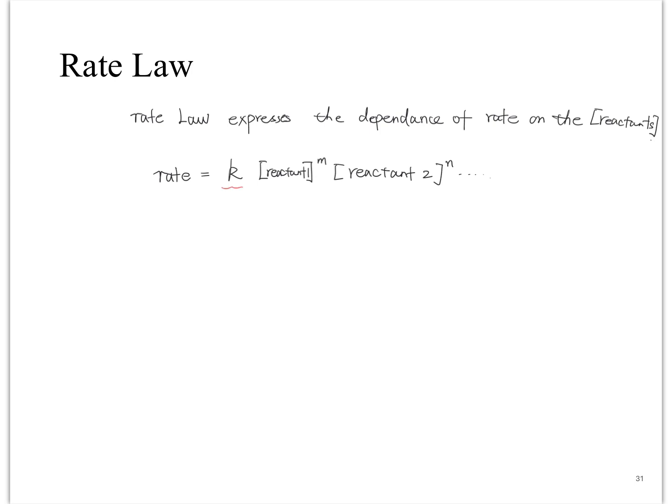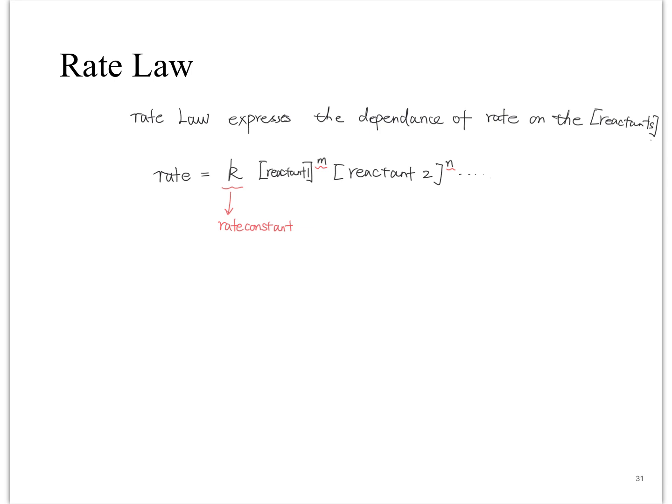In this equation, the first term k is the so-called rate constant. It's just a number that's experimentally determined, and it is for a certain temperature. So the rate constant k is temperature dependent. For the m and n, and if you have other numbers, these numbers are also determined experimentally, and have nothing to do with the coefficients of a chemical equation.